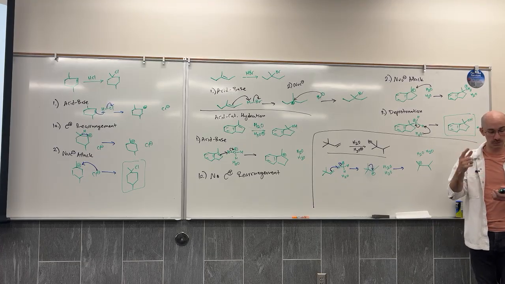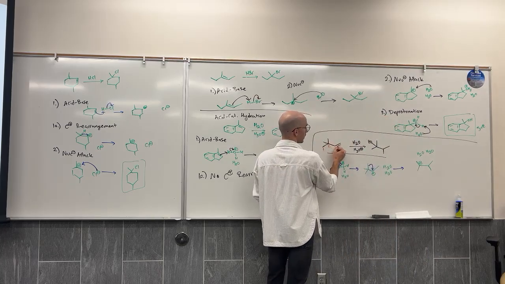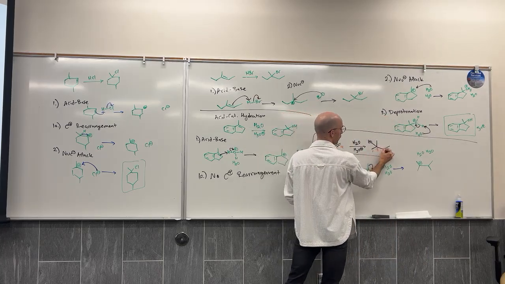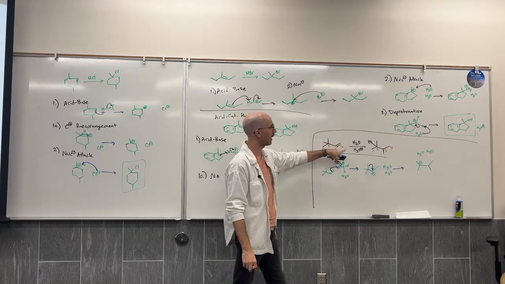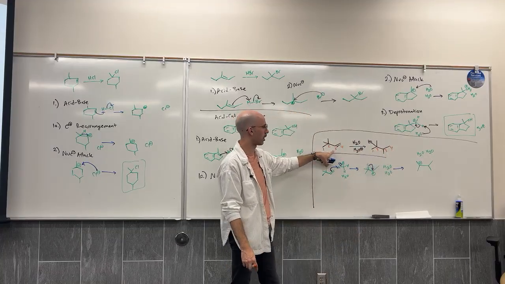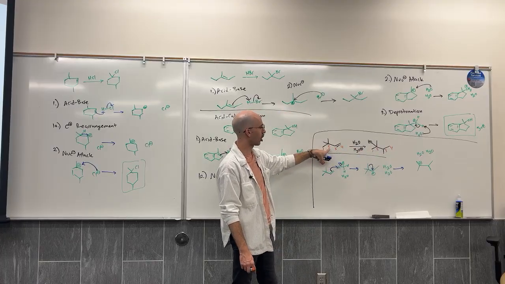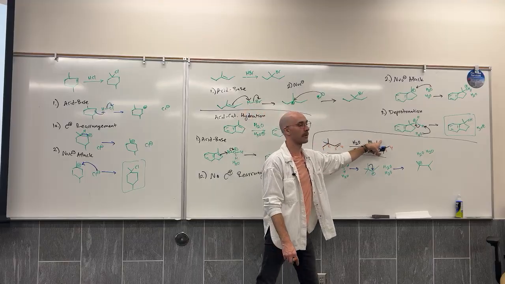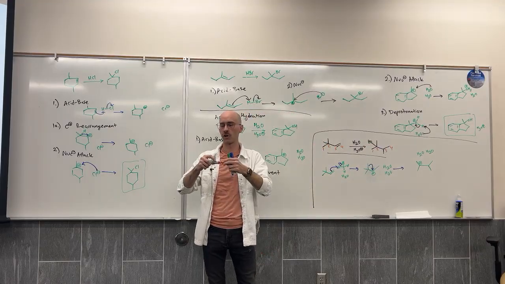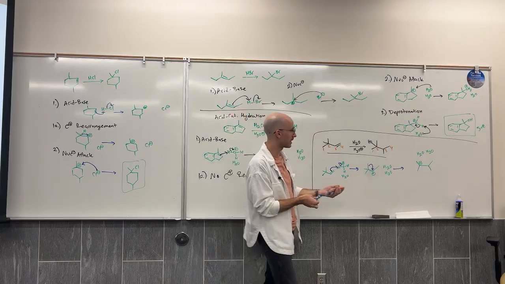But also, if you are mapping your carbons, and it doesn't matter how you map them, you'll notice that carbon 3 had no methyl group coming off of it, and in the product it does. You'll notice that carbon 2 had 2 methyl groups coming off of it, and in the product it only has 1. So we're seeing that a methyl group has to shift. And that's what we see here.